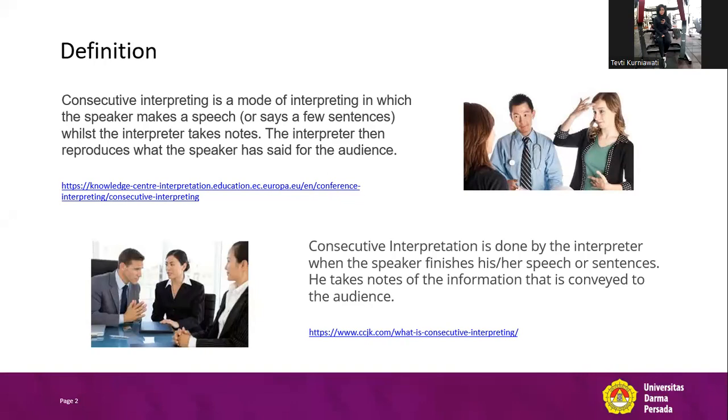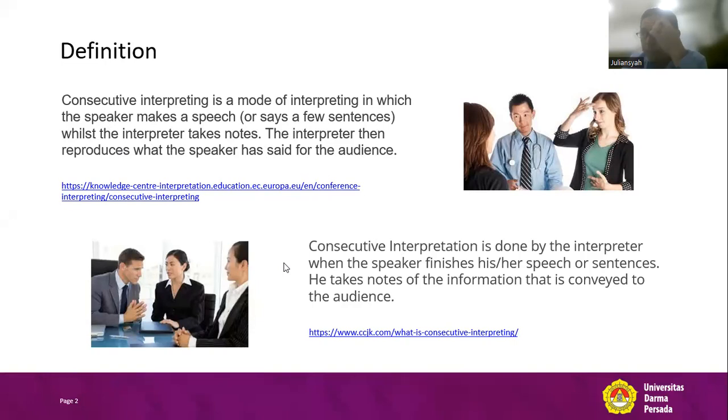Definition: consecutive interpreting is a mode of interpreting in which the speaker makes a speech or says a few sentences, whilst the interpreter takes notes. The interpreter then reproduces what the speaker has said for the audience. Okay, this is taken from this source. What about this one, please?